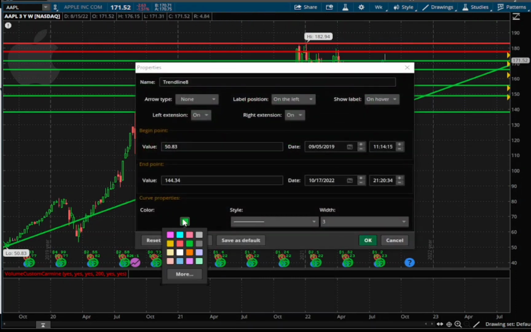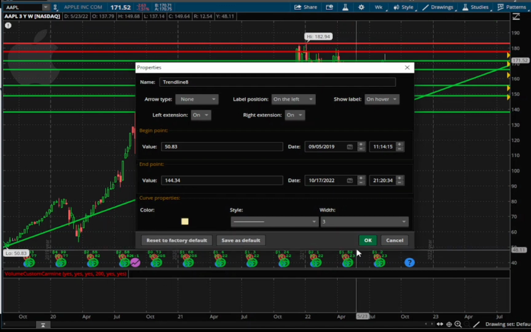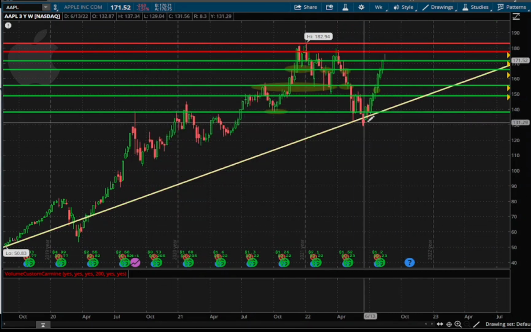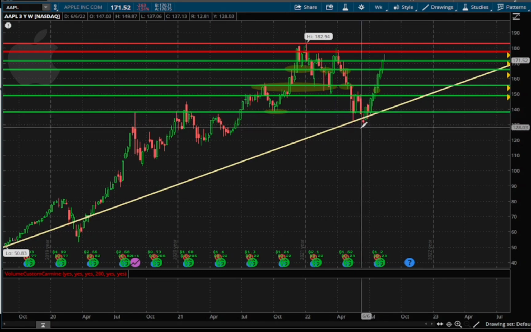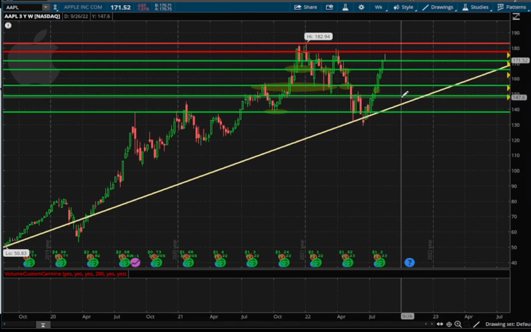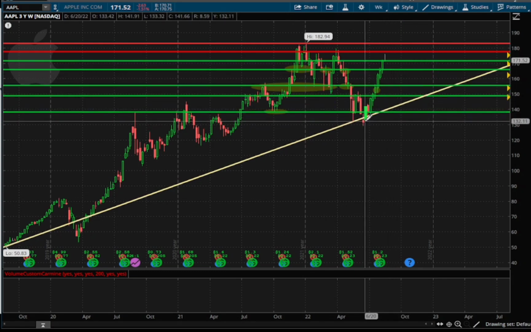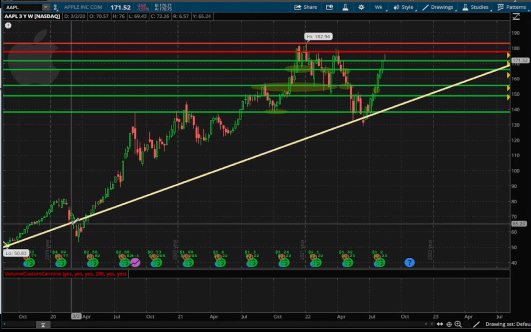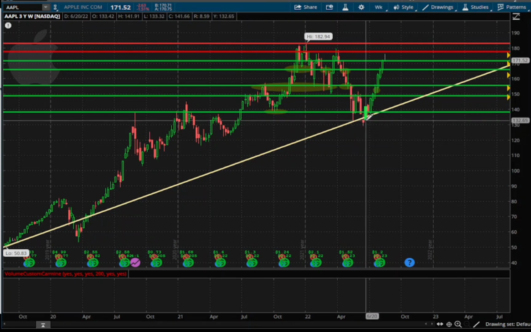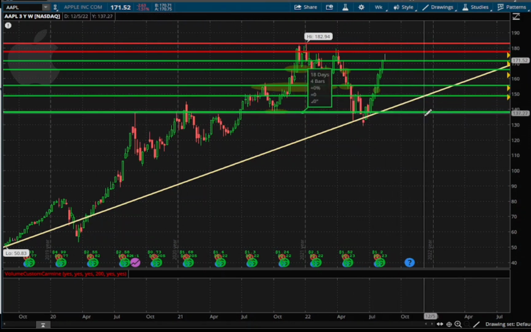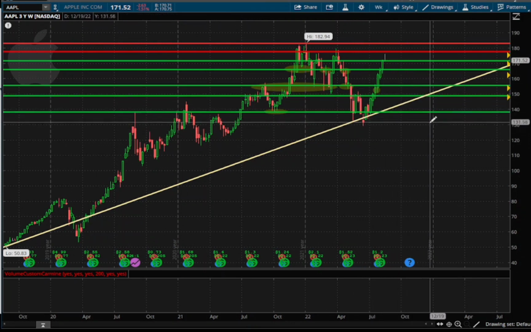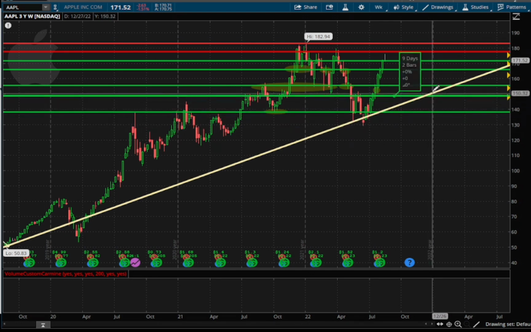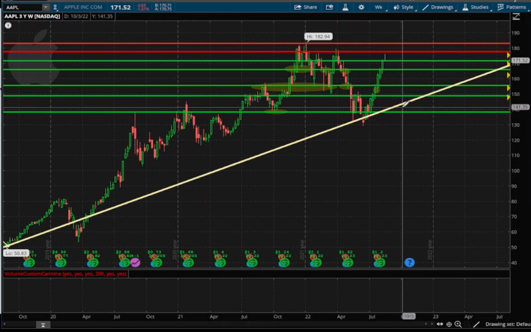Okay, so we're gonna draw that trend line right there, and I will be mindful that if the stock starts to come down in this area, it sometimes breaks through this trend line like it did here. It breaks through this trend line and then recovers. So I will be looking for it to come here, here, or even here, and then recover pretty hard and get back on trend, or either test this trend line, come back and hit it.